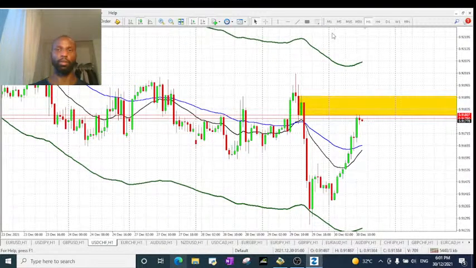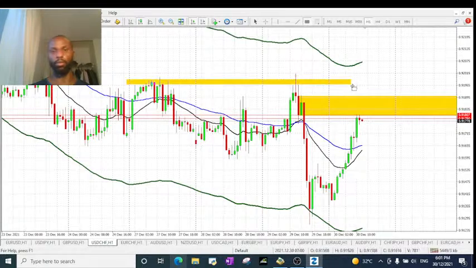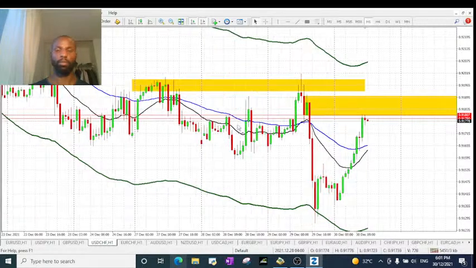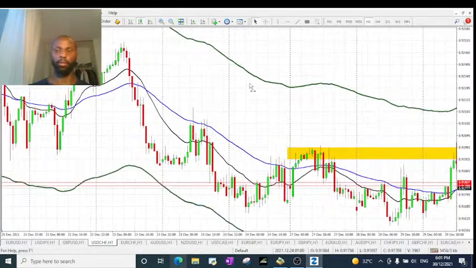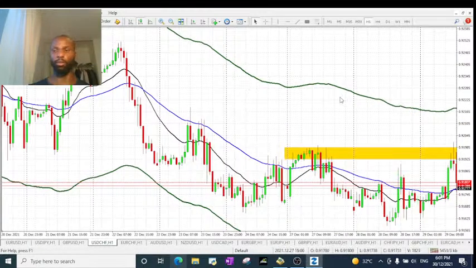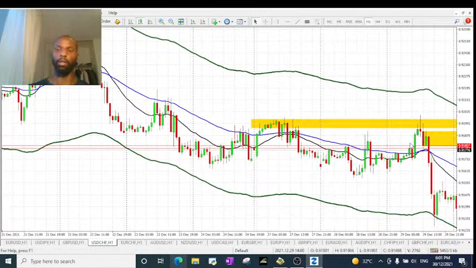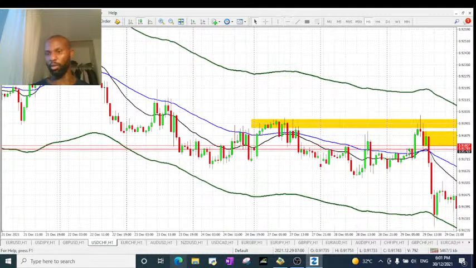Hit this zone, printed a strong rejection candle like that. See this rejection, we sell in the next candle. And our target was here, where we have the next zone.